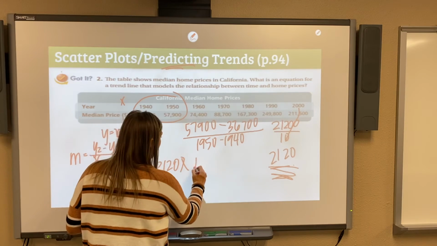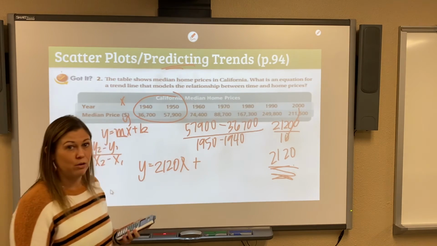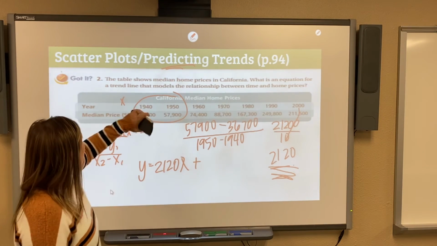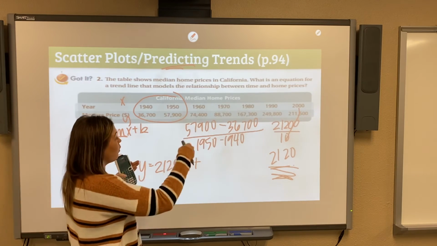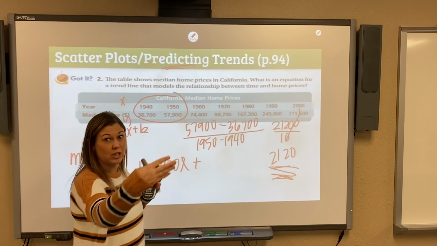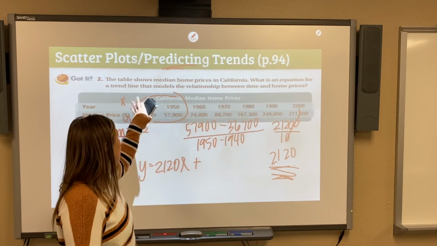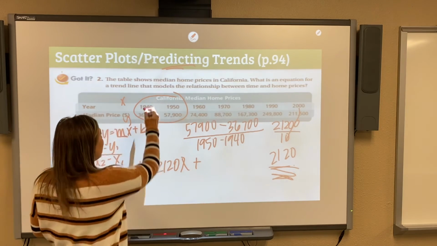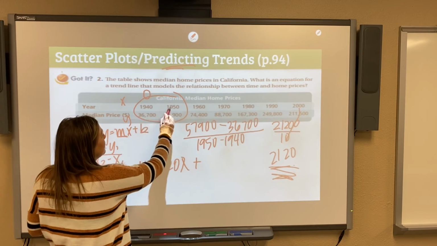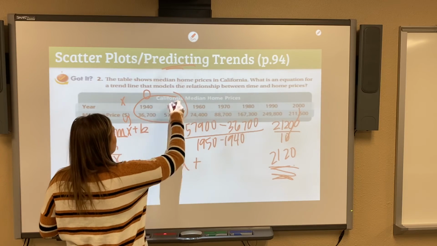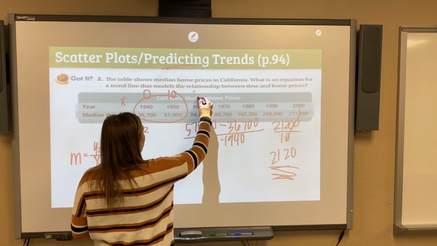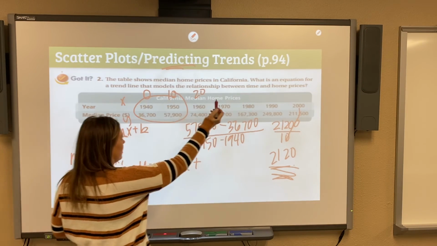And then, plus whatever our starting value is. We're looking for the trend for each year, and our starting year is 1940. This is technically year 0, and these are years after 1940. So this would be 10, this would be 20, 20 years after 1940.